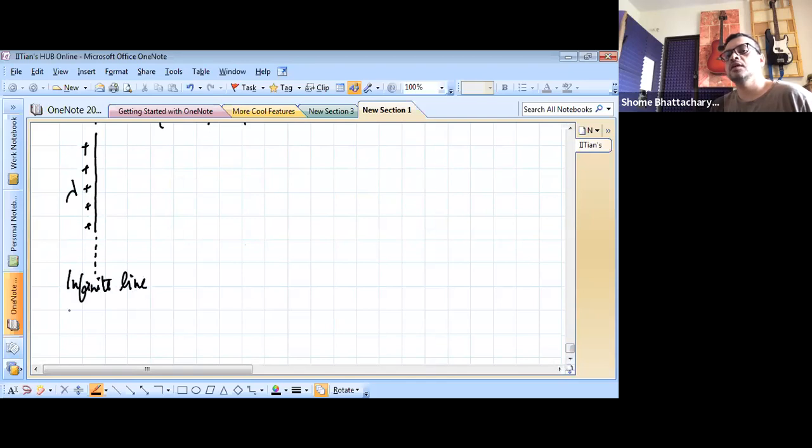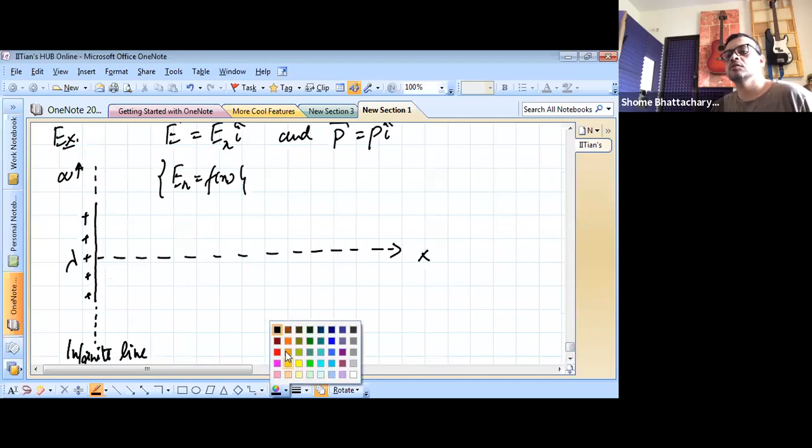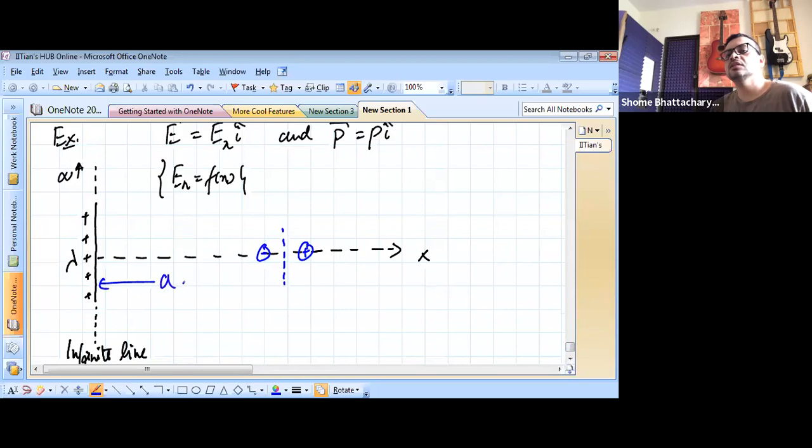And now on the x-axis, I have kept a dipole like this, such that the center of the dipole is at a distance d, and the dipole length is 2L, and the charges are plus q and minus q, and L is very small compared to d.